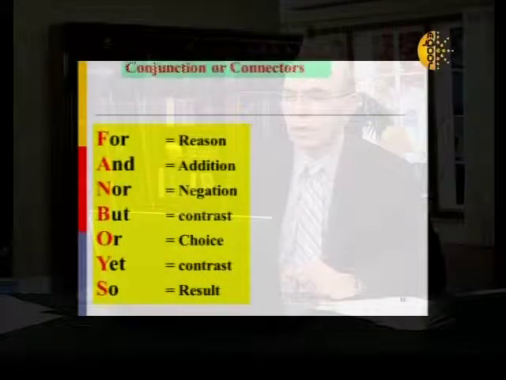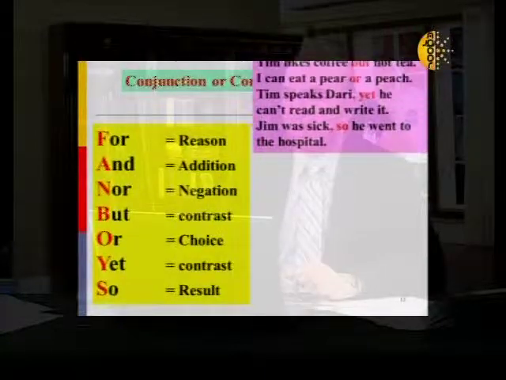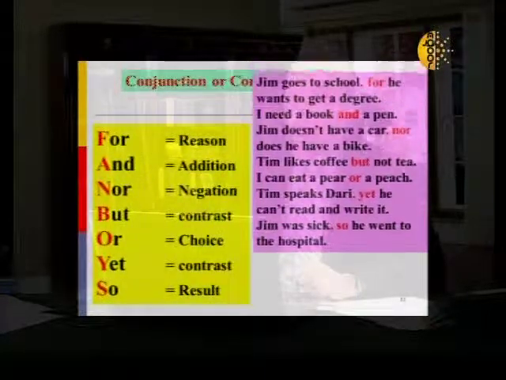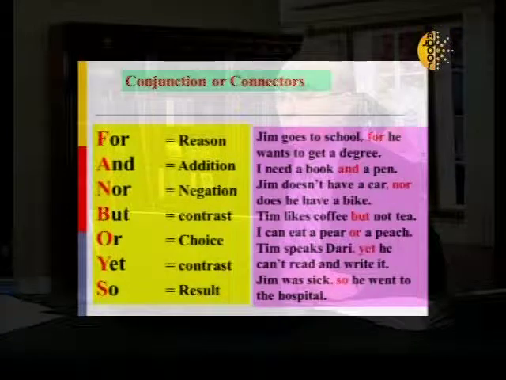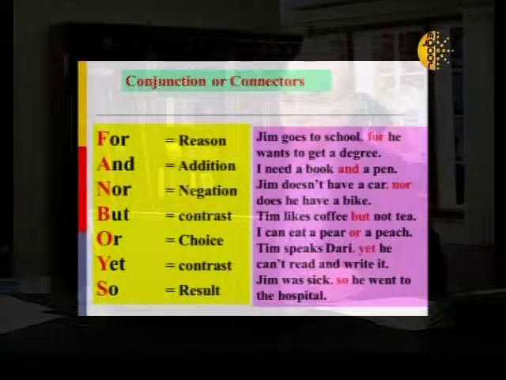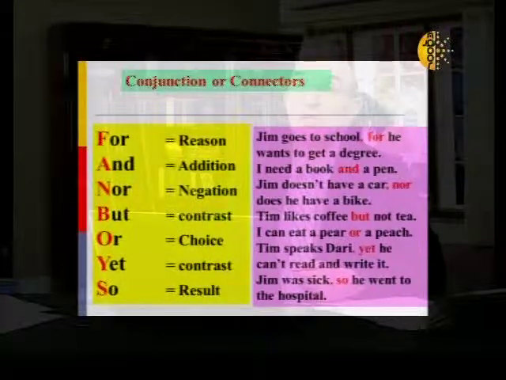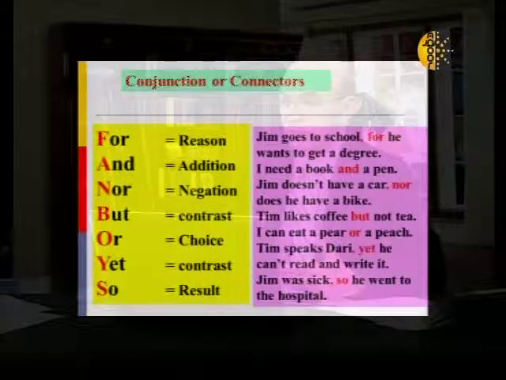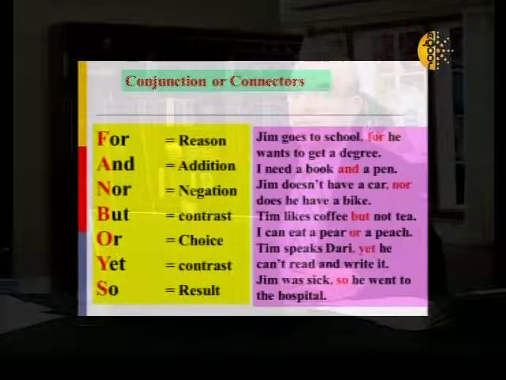For, we have sentences for each one of them. Jim goes to school for he wants to get a degree, because he wants to get a degree. I need a book and a pen. So you add ideas. Jim doesn't have a car, nor does he have a bike. In this case, nor connects two negative sentences. In other words, Jim doesn't have a car.